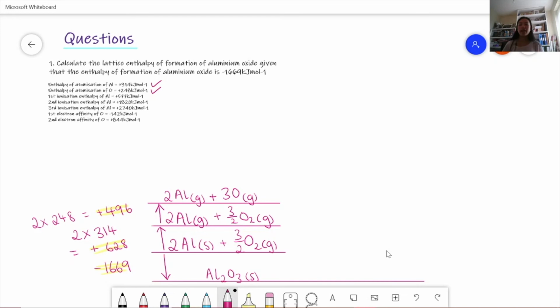Then the third thing I'll do is I'll start on the ionization enthalpies. First of all, we have the first ionization enthalpy of aluminium. So we're forming 1 mole of Al plus gaseous ions from 1 mole of Al gaseous atoms. And so what we form is Al plus, and we're just going to have the oxygen still there. And that means that we have 2 electrons because we've removed an electron from each aluminium atom.